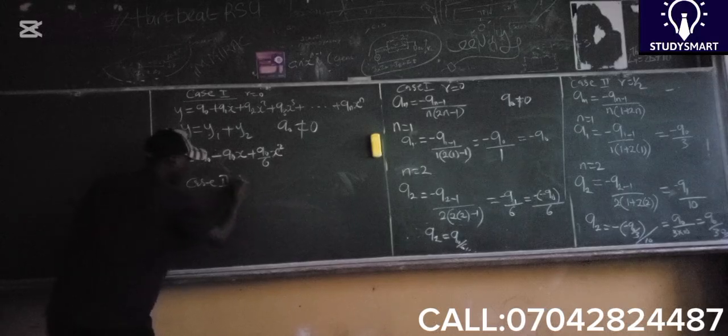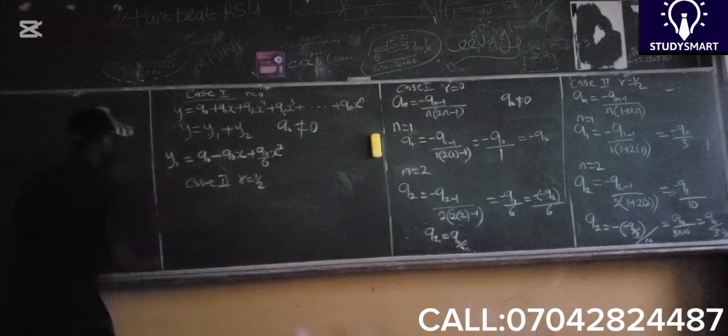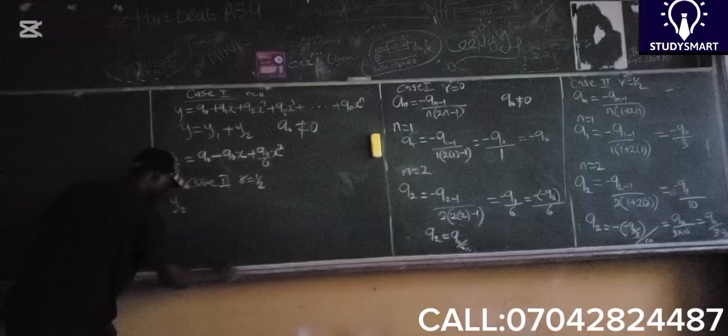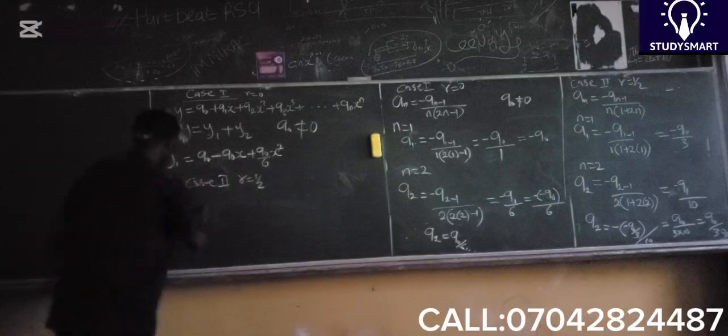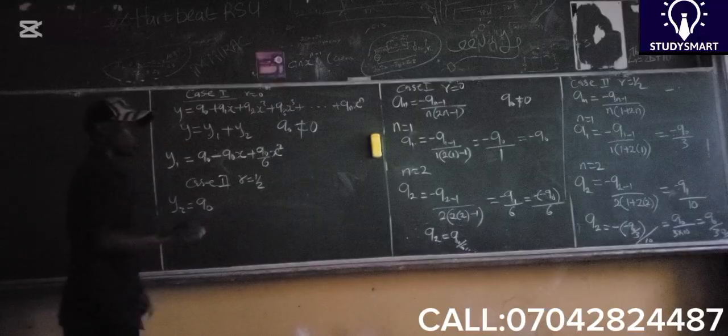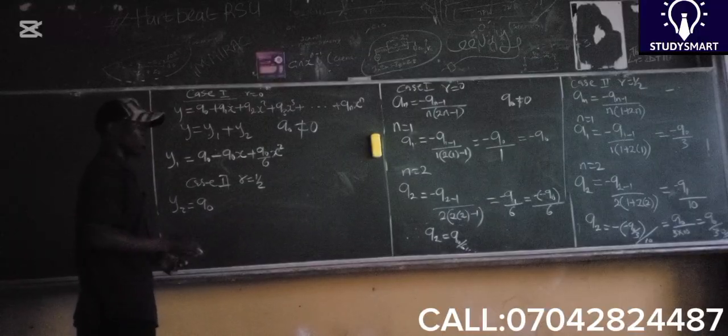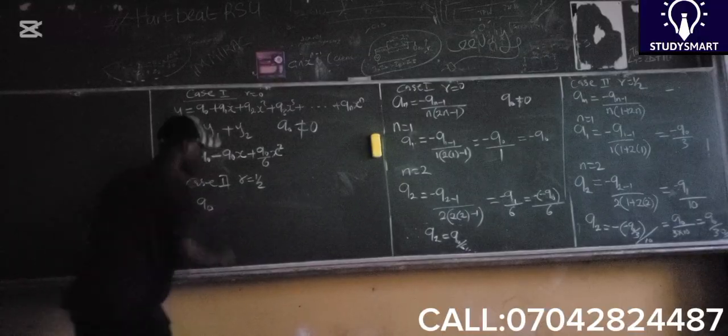Then for case 2, where r is equal to 1 over 2, my Y2 now becomes equal to a naught. Remember, a naught is not equal to 0.